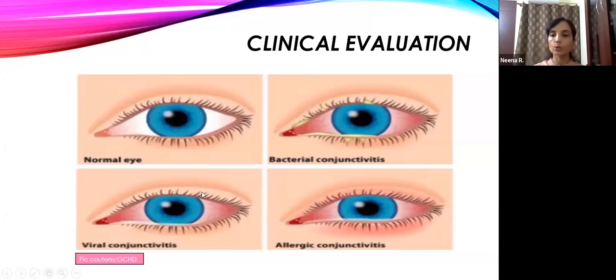Whereas in viral conjunctivitis, there will also be diffuse congestion, but the discharge is usually watery. There is usually no purulent discharge in typical viral conjunctivitis. In allergic conjunctivitis also, the discharge is watery. So how do we differentiate? Ask how the child behaves with the congestion. Does the child keep rubbing the eyes?